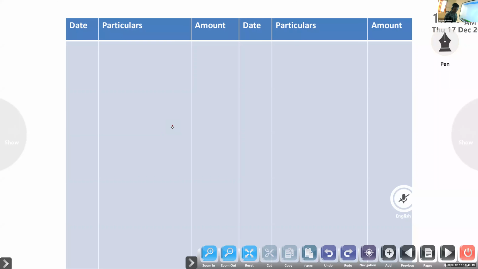So first, the question I will read. On 1st April 2011, plant and machinery was purchased for rupees 1,20,000. Same year, another machinery we purchased for rupees 50,000. Then on 1st April 2012, next year, we purchased another machinery for rupees 25,000.